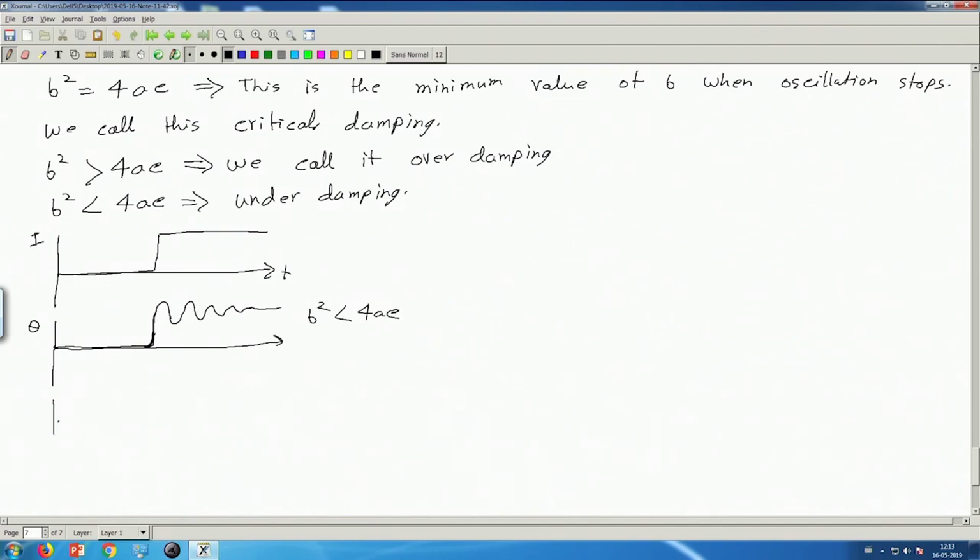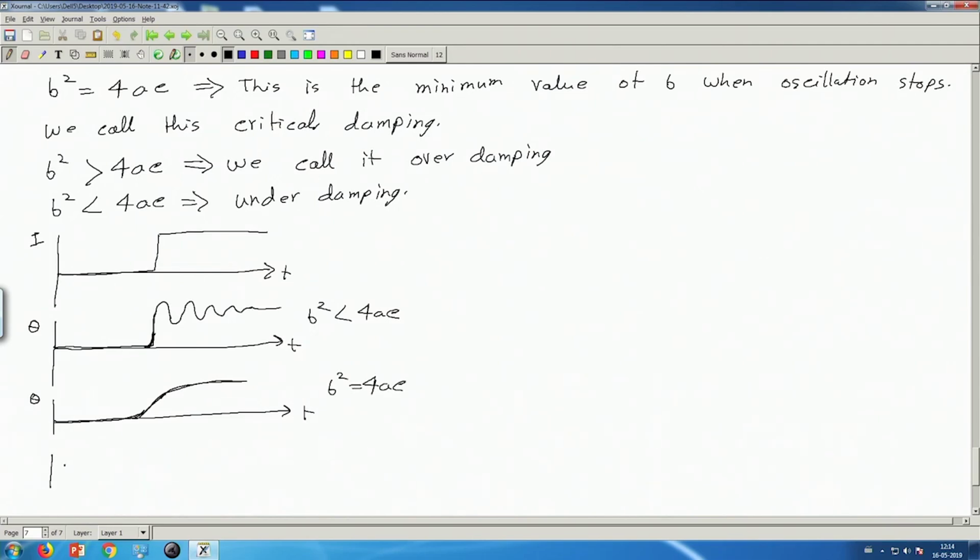We can have a situation where theta reaches its final value smoothly like this. This is the condition for B square equal to 4AC.